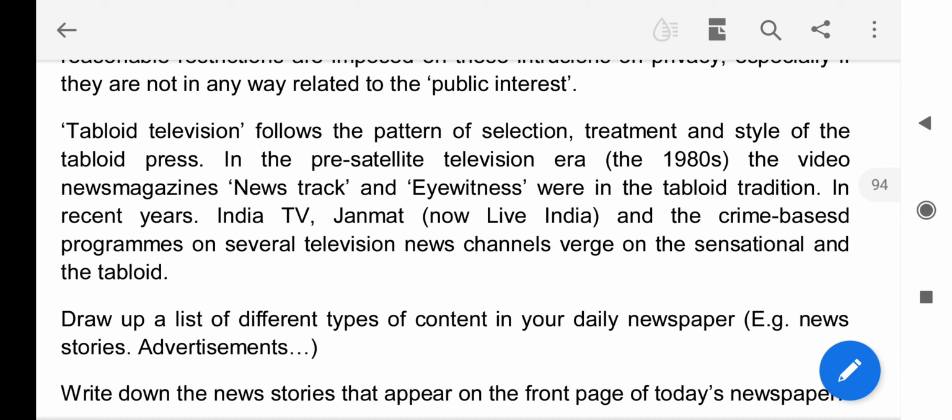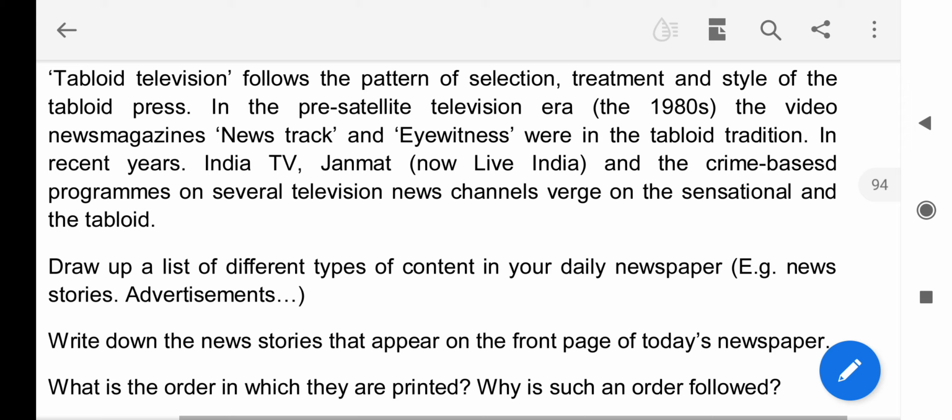In the pre-satellite television era, the video news magazines, Newstrack and Eyewitness were in the tabloid tradition. In recent years, India TV, Janmat, and other crime-based programs on several television news channels buzz on the sensational and the tabloid.